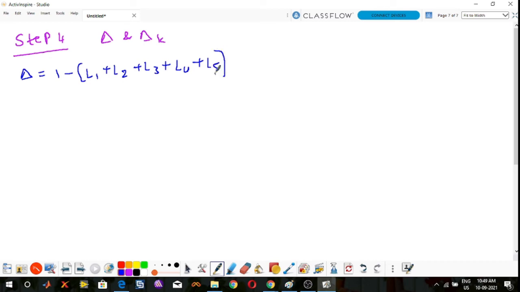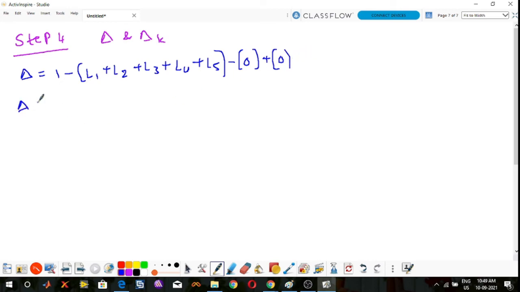There are 5 individual loops. Sum of individual loop gains, that is L1 plus L2 plus L3 plus L4 plus L5, minus the sum of gain products of two non-touching loops. Here there is no possible combination of two non-touching loops, so its gain is 0, plus the sum of gain products of three non-touching loops, which is also 0.